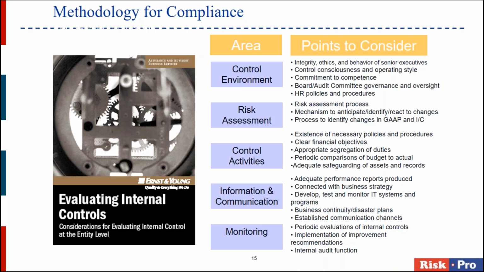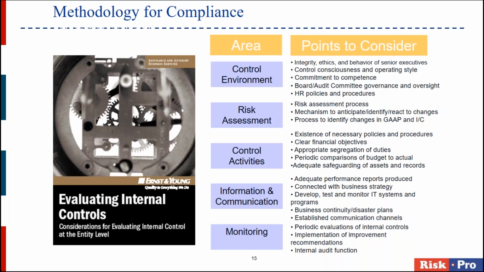Then the risk assessment part. During the risk assessment process, we have to identify mechanisms to anticipate and react to changes, etc. Process to identify changes in gaps and internal controls.